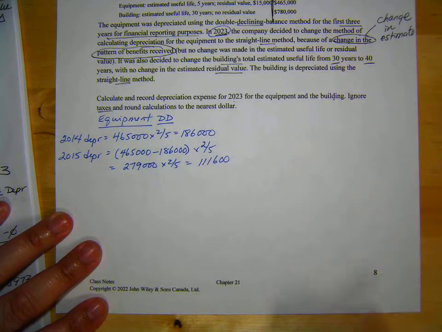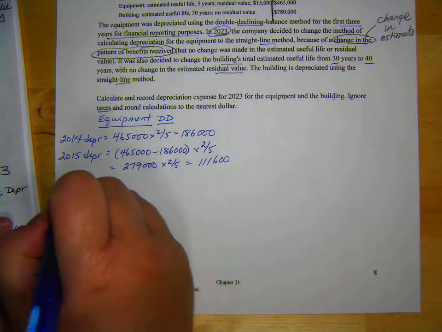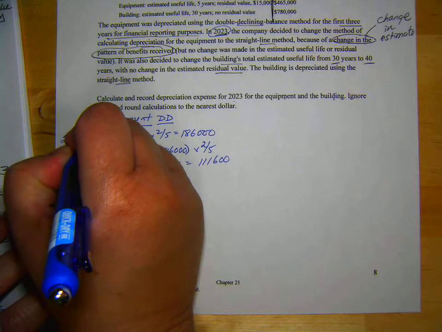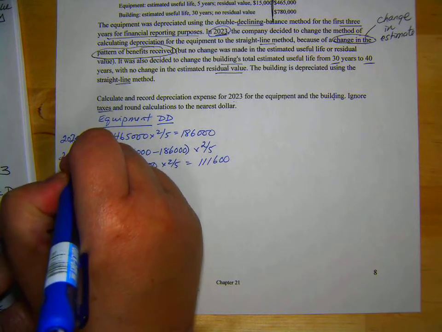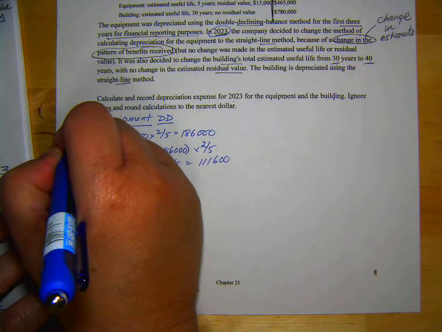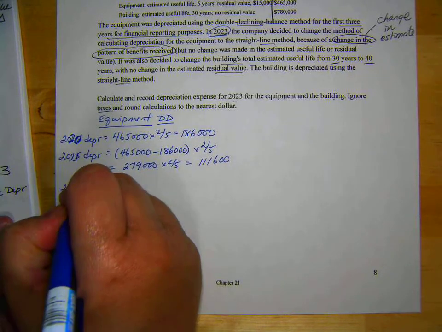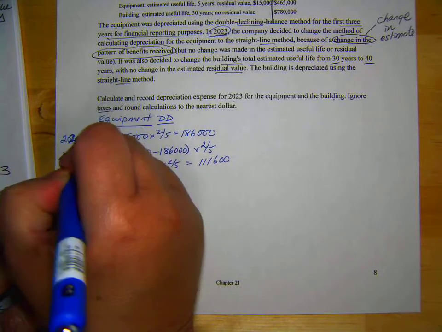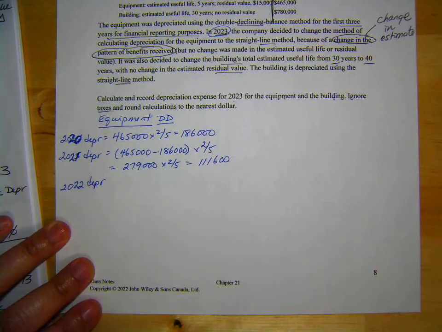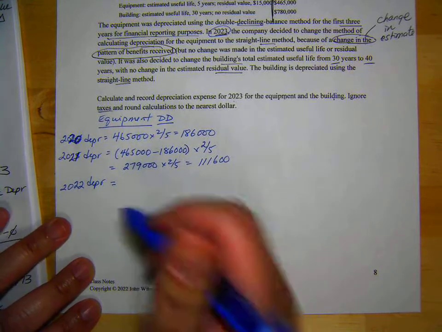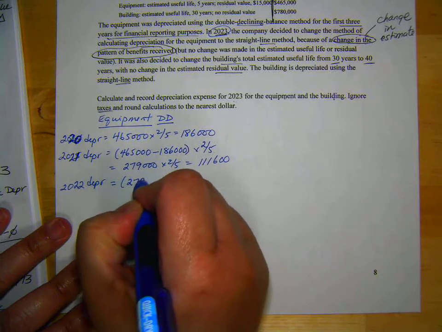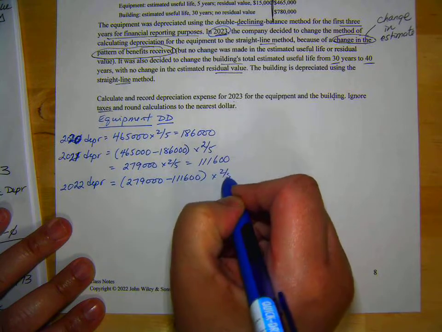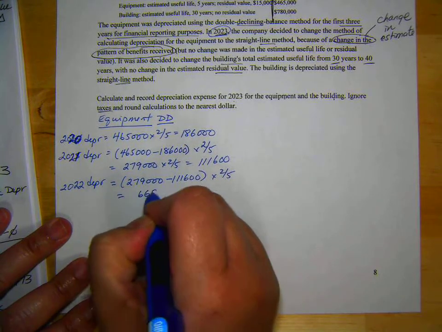I'm leaving room over here for the building. Sorry, I was using the wrong year. So this is 2020, 2021, 2022 depreciation. Sorry about that, you guys. 2022 depreciation is 279,000 minus 111,600 times 2/5 equals 66,960.